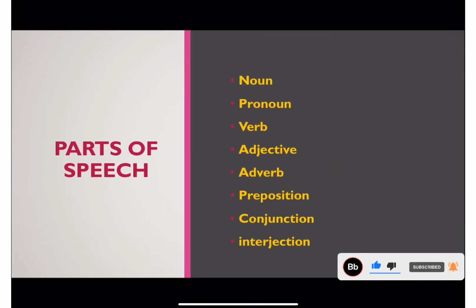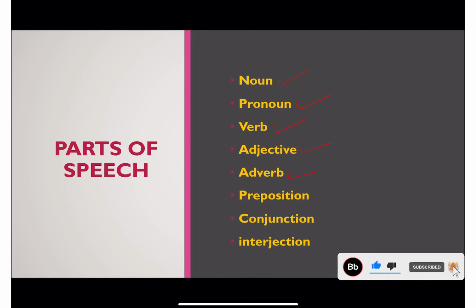Let's recap. So today we learned about 8 parts of speech. We focused on noun, which names a person, place, thing, or idea. We focused on a pronoun, which is used in place of a noun. We focused on a verb, which is an action word, what you do. We did adjective, which is a describing word. It describes a noun or a pronoun.